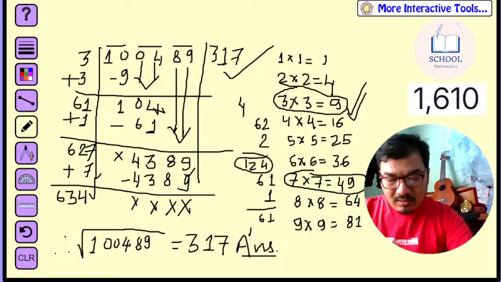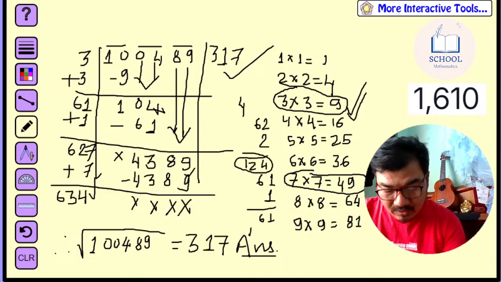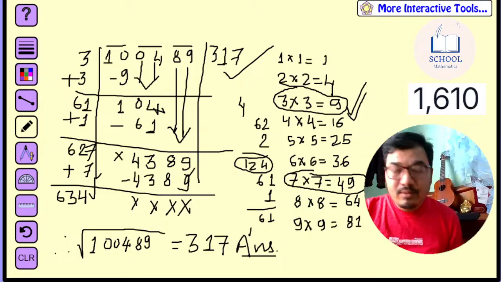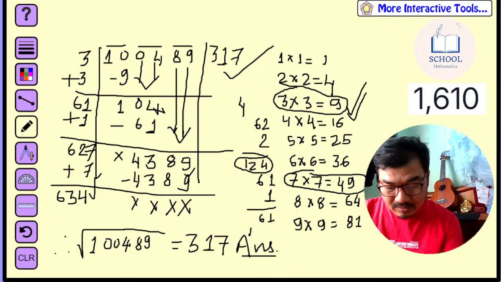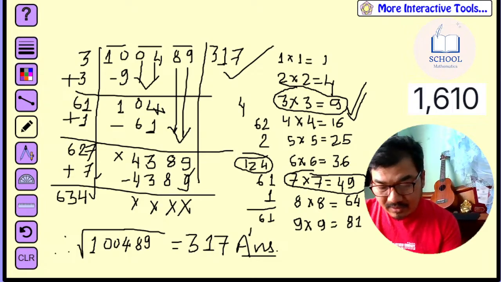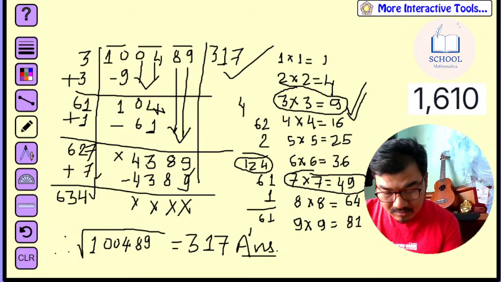Today this much only. If you have any question, you can write the question so that I will help you to find out the square root in this method, division by division method. How to find out square root by division method. If you have a question, you can share.